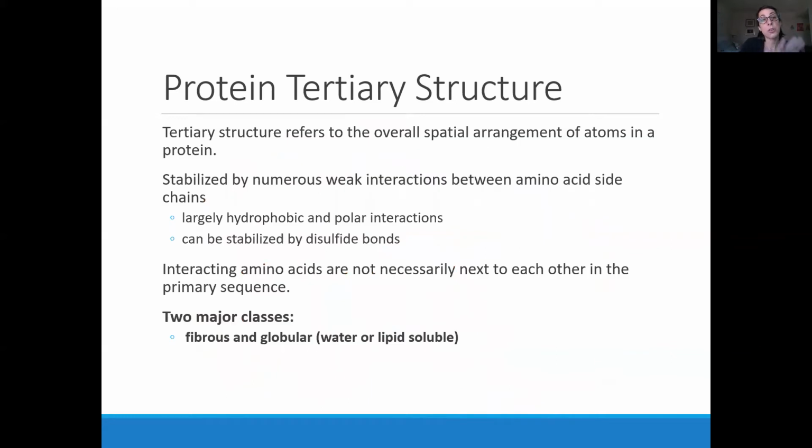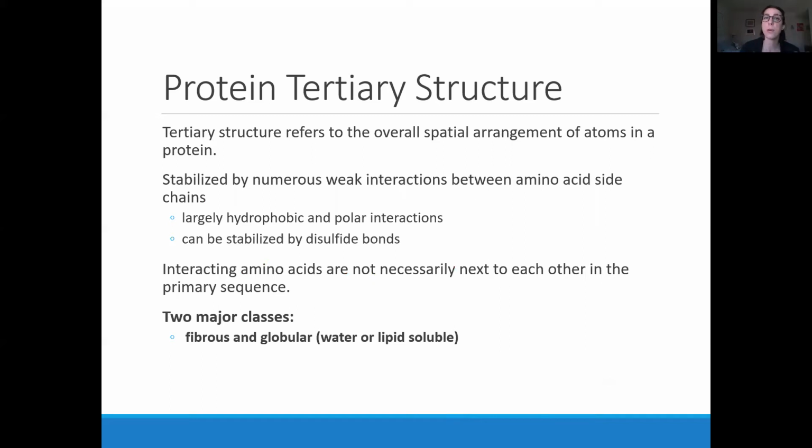So again, the tertiary structure just refers to this overall arrangement of atoms in the protein. It's stabilized by these weak interactions that I just went over, or it could be by this strong disulfide bond interaction. The covalent bond is strong. These generally help stabilize and form that overall spatial arrangement of the protein, the very final overall 3D structure.